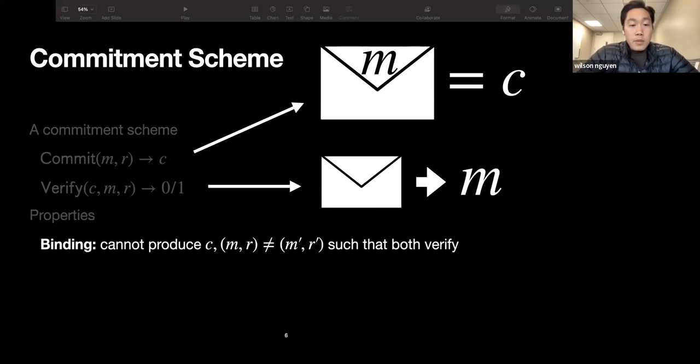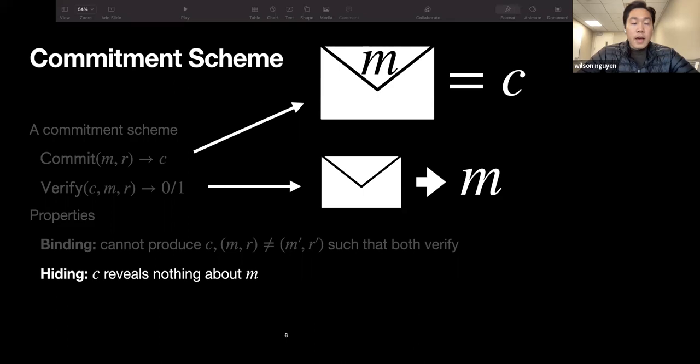The commitment scheme is binding. You cannot produce a string C and different tuples, M and R, such that both verify, so both output 1 when input to the verify algorithm. And it's hiding in the sense that C reveals nothing about M. So looking on the outside of the envelope, you can't infer or distinguish what M is inside of the envelope.